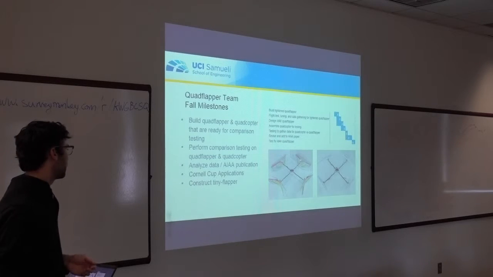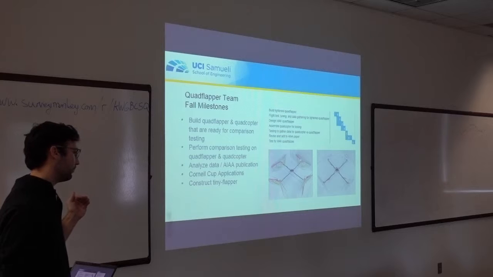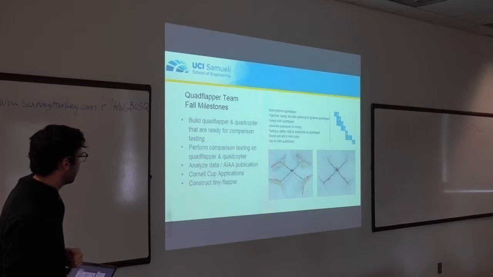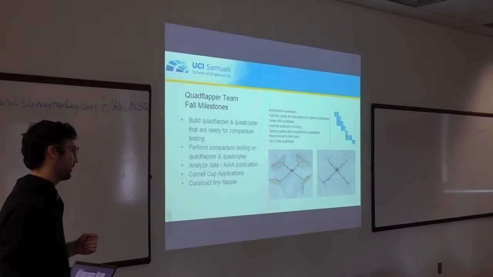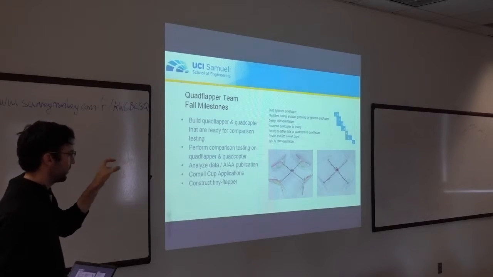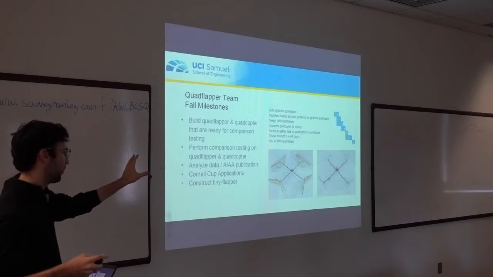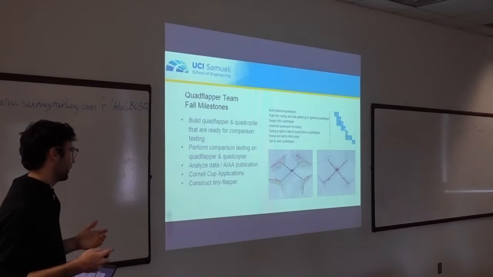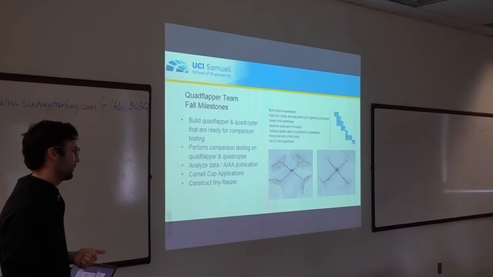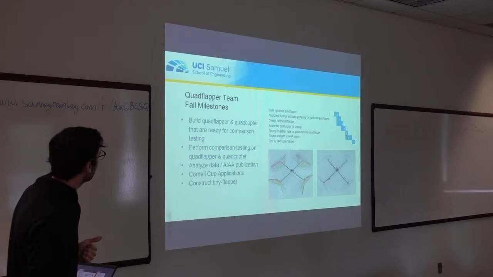So the idea is to make our systems as close as possible. Another goal is to construct an actual micro air vehicle, because these are using a bunch of different micro air vehicles. We're trying to modify the quad flapper so that it fits within the 15 centimeter requirement for a micro air vehicle.